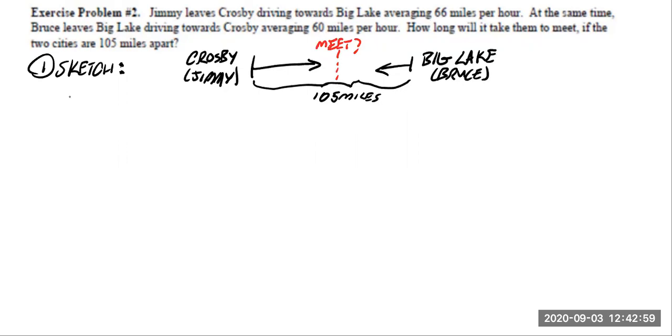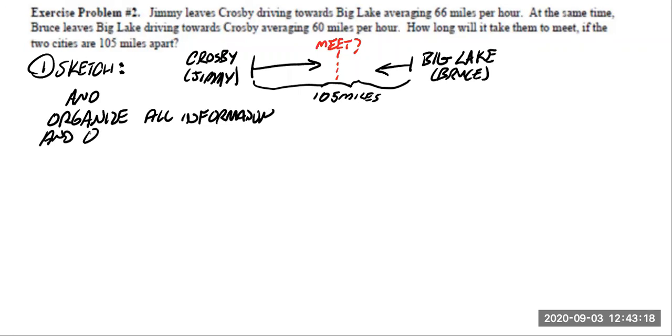But the other part of part 1 is we want to organize all information and quantities for Jimmy and Bruce.